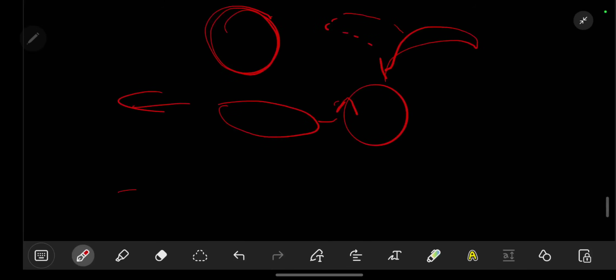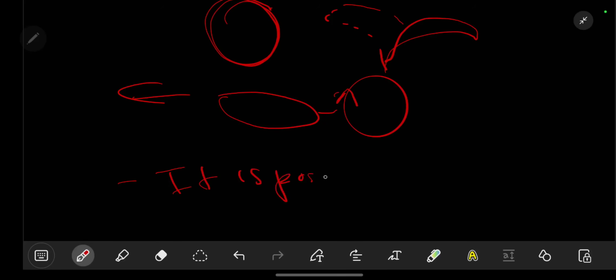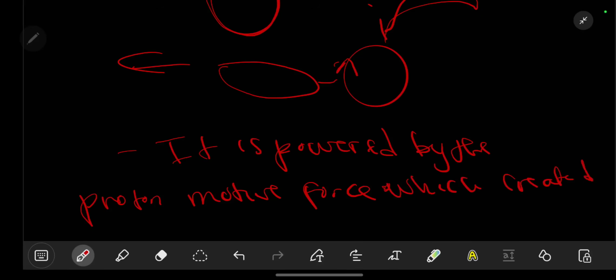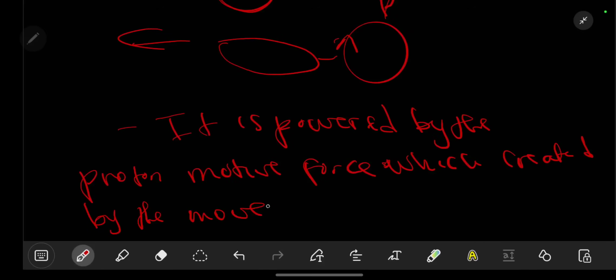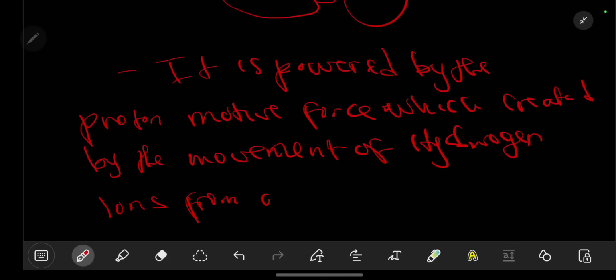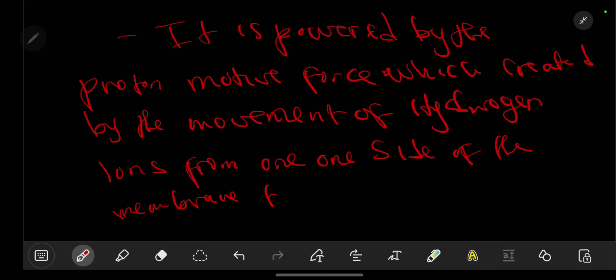Then the other thing about the flagellum is that it is powered by the proton motive force, which is created by the movement of hydrogen ions from one side of the membrane to the other.